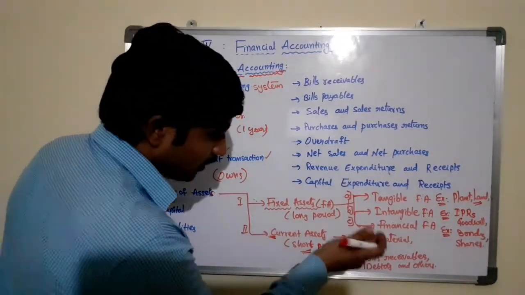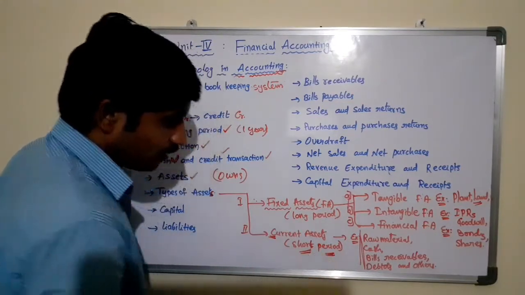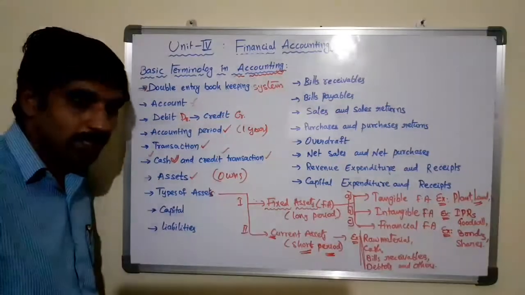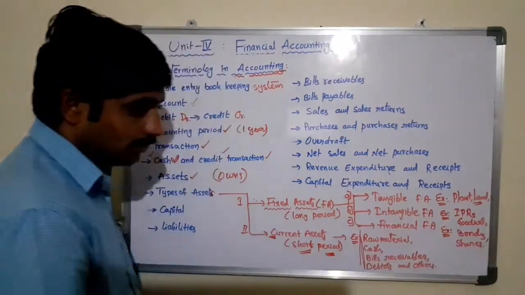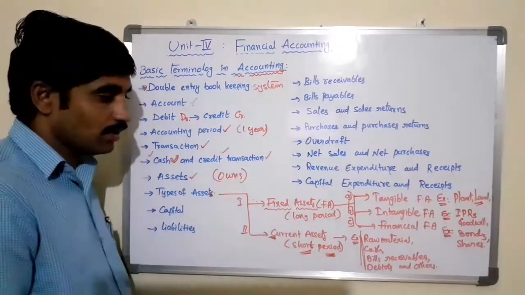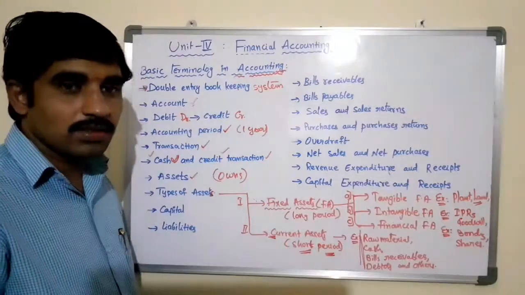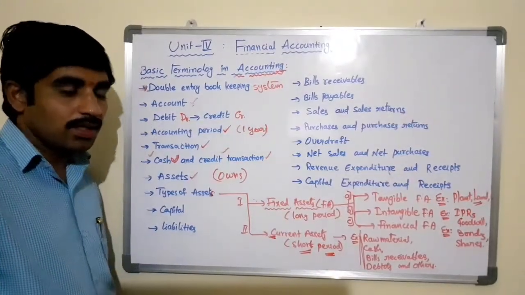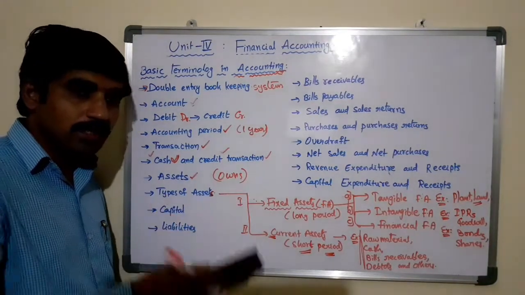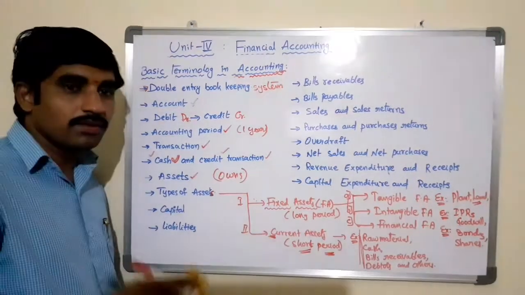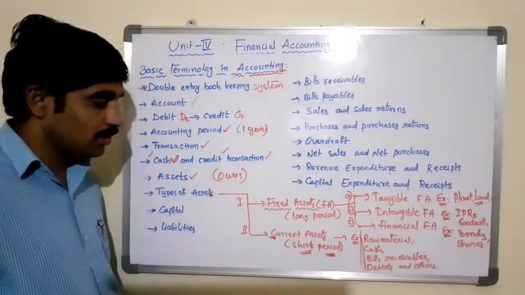Whereas current assets give service to the business for a short period and convert into another form within a short period. Examples: raw material, cash, bank, bills receivable, debtors, inventories, work in progress, short-term investments, prepaid expenses, and incomes not yet received. All these come under current assets.